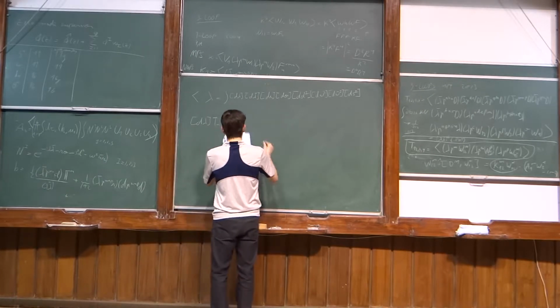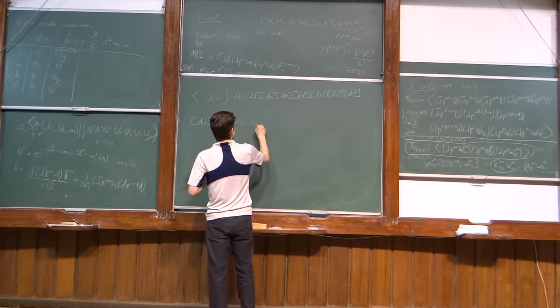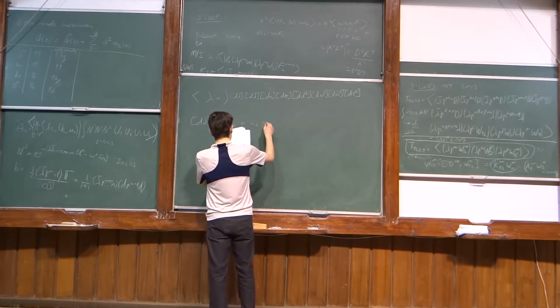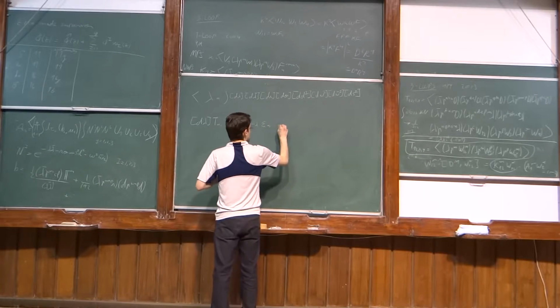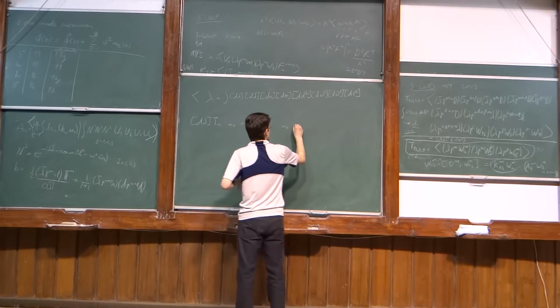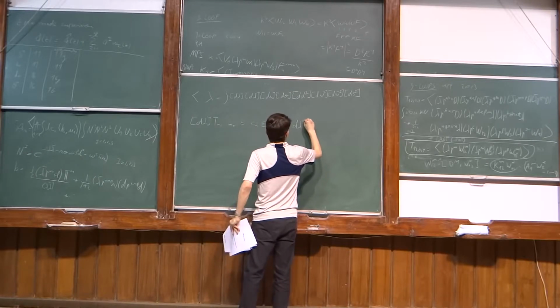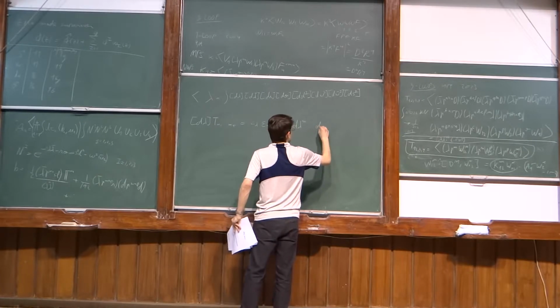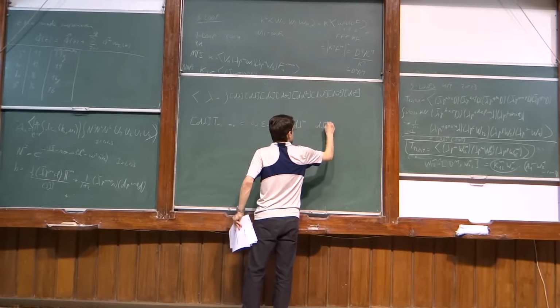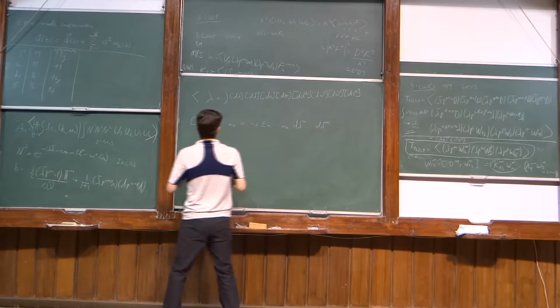That's equal to C lambda, and then epsilon alpha 1 to alpha 16, and then B lambda alpha 6 to alpha 16.